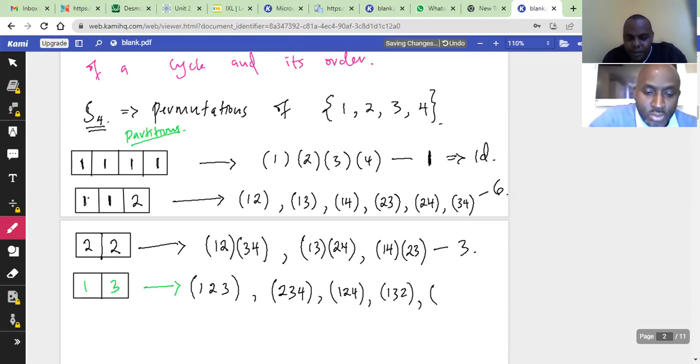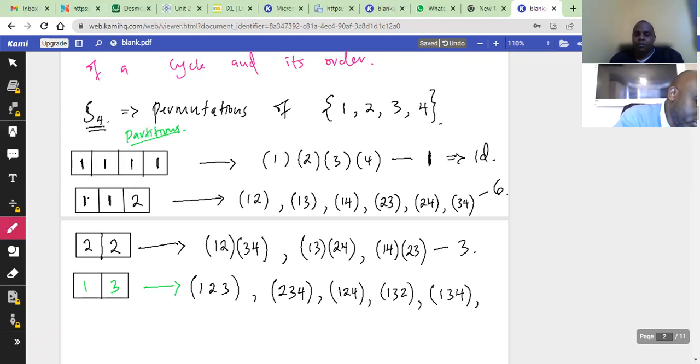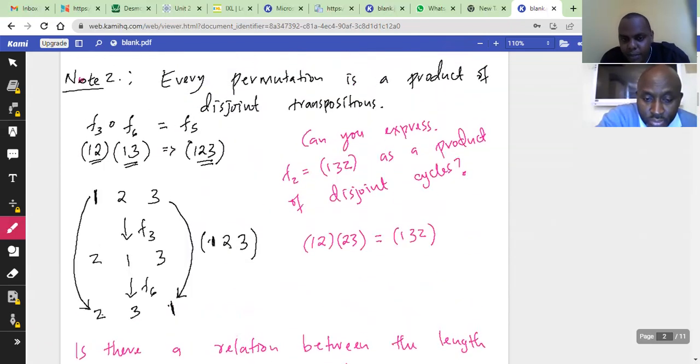So the next one could be 1, 3, 4. Is it there? 1, 3, 4. Perfect. 4, 2, 3. Okay, 4, 2, 3. The rule of thumb: start with the smallest number.